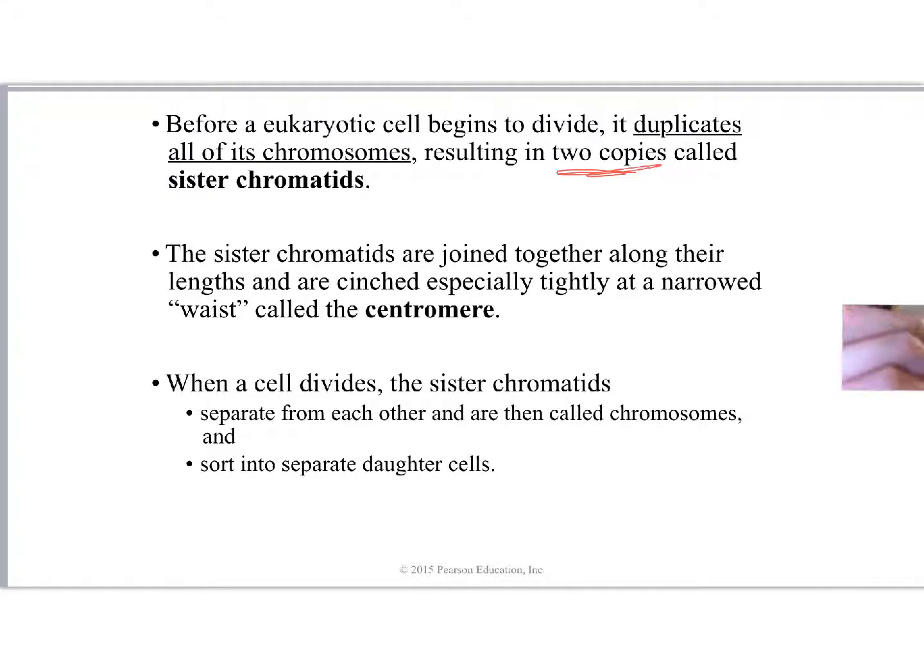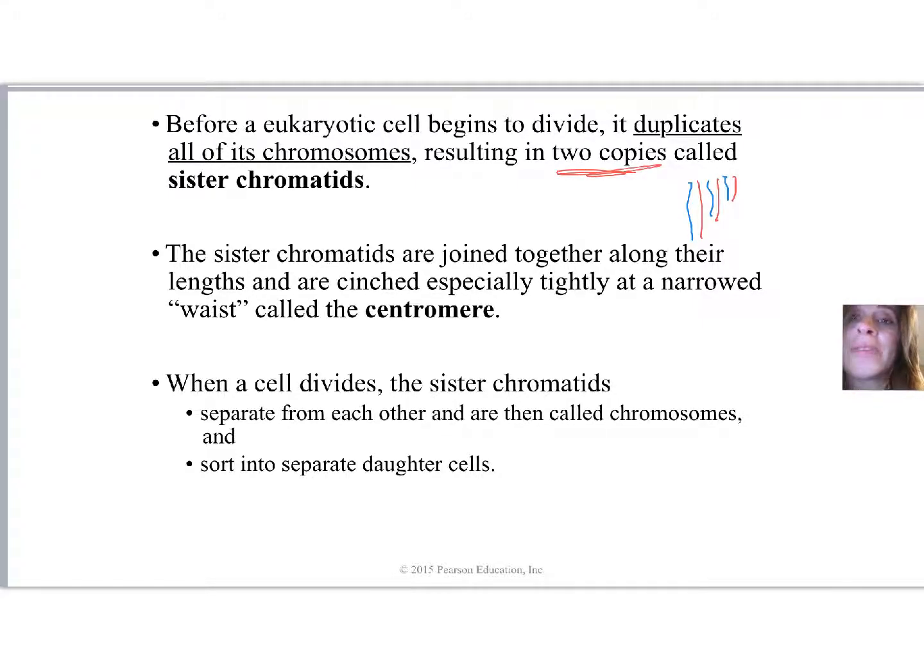Essentially, it's like this. Pretend you have a cell that has 3 chromosomes. It's like a small eukaryote. It's got 3 chromosomes, right? Now we want to undergo cell division. So what happens is we make a copy of each one of those specific chromosomes.